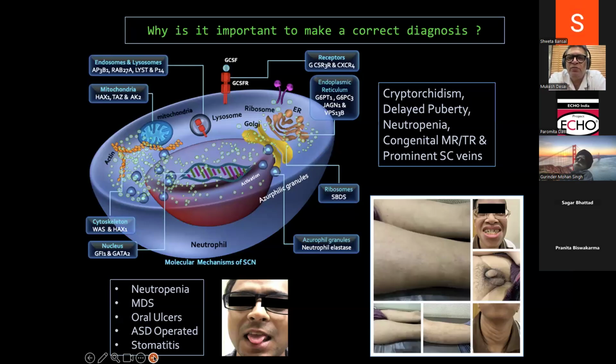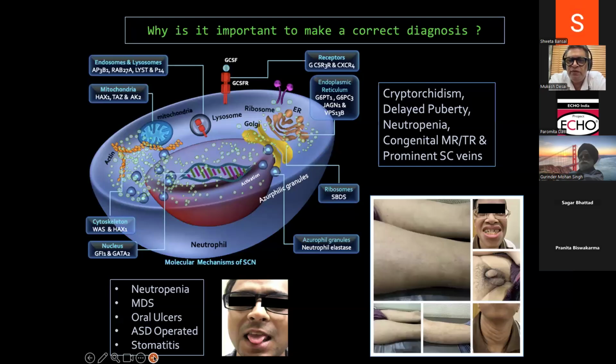He was marrowed, cytogenetics were sent, everything turned out to be normal, and he was labeled as unilineage cytopenia, myelodysplastic syndrome. He was given GCSF, to which he had an excellent response, and subsequently, like a typical doctor, he forgot to take his GCSF, again had severe neutropenia, ANC in the range of 100 to 200.